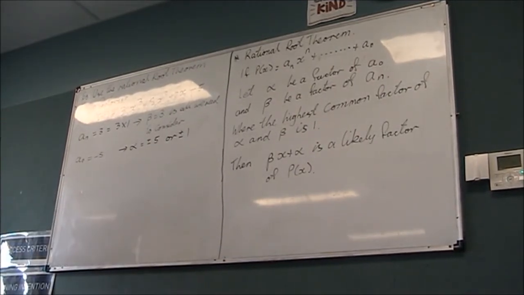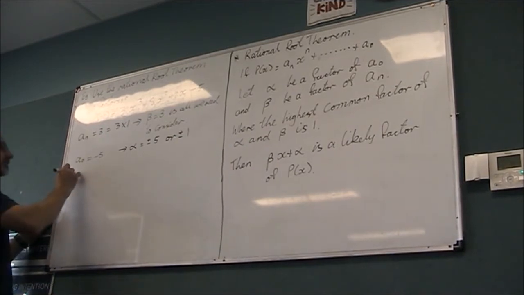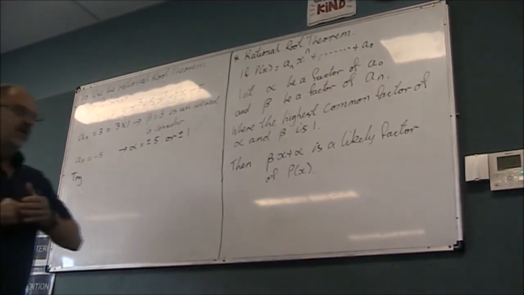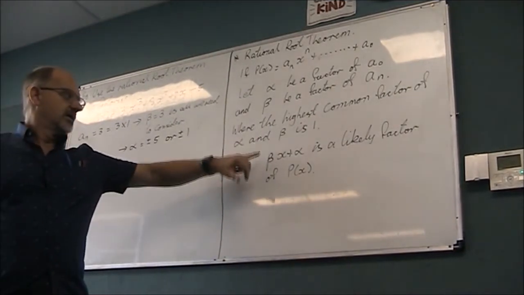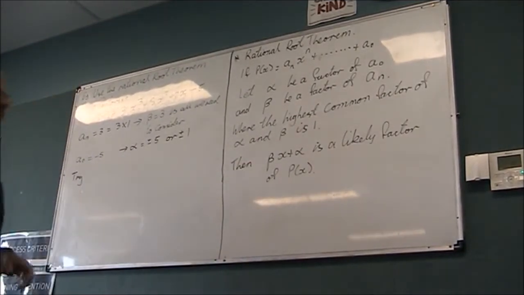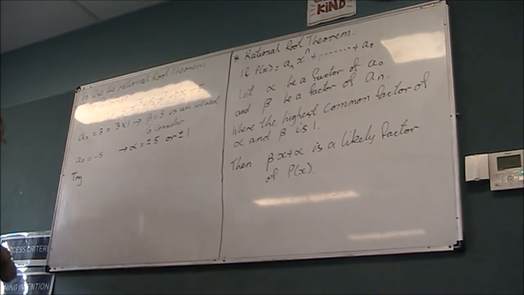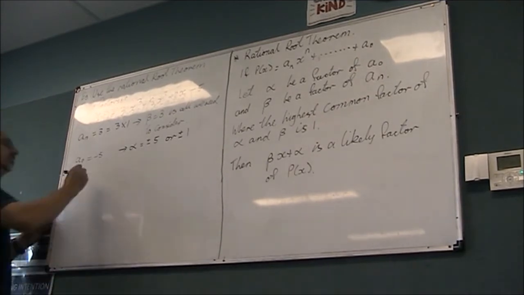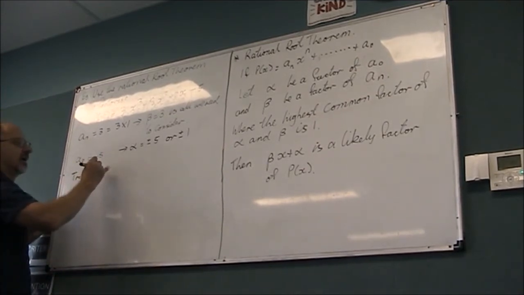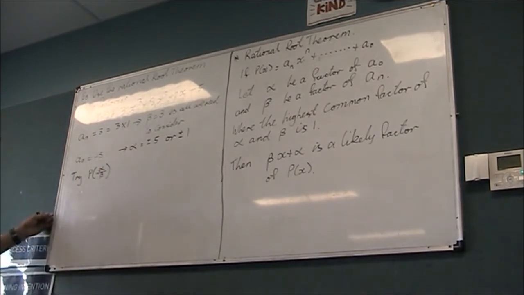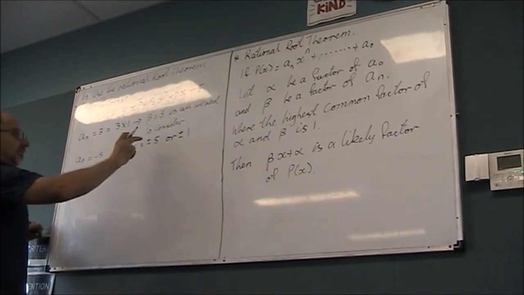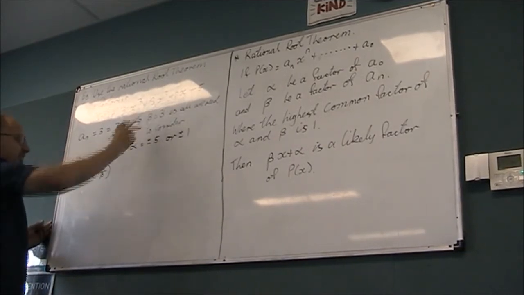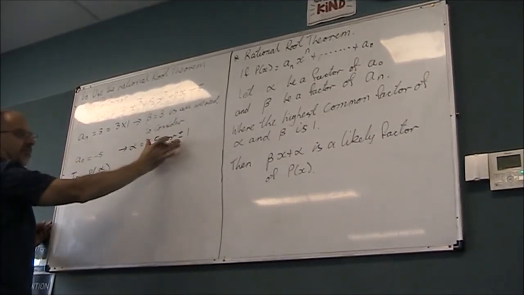So what do we need to consider? What we need to do is try some things, because it says here we've got a likely factor. So what are we trying? We're trying P of alpha over beta. And in this case, our beta is always 3. And so we've got 4 options here.